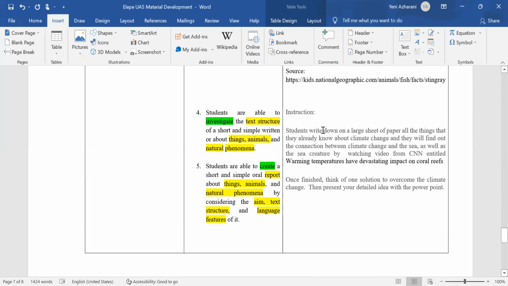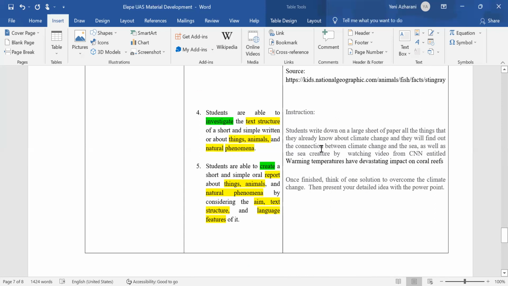Next, we move on to the fourth learning outcome, as the students are able to investigate the text structure of a short and simple written report about things, animals, and natural phenomena. So here is the instruction. They're going to write down on a large sheet of paper all the things that they already know about climate change.